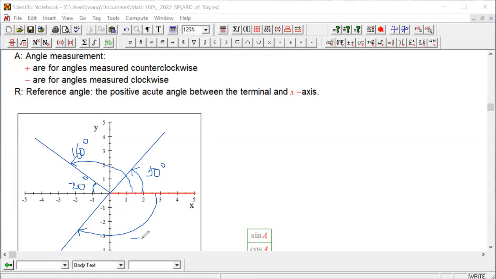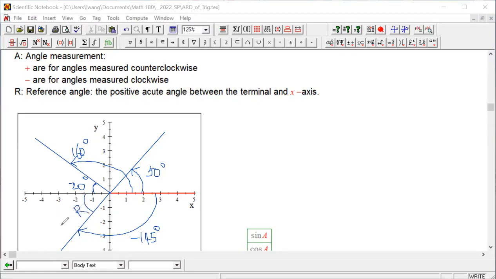So this angle is going to be negative 145 degrees, just for an example. And what will be the reference angle for this negative 145 degrees? Well, it's going to be between the terminal and the x-axis. So that angle has to be this guy. So this guy is the reference angle.